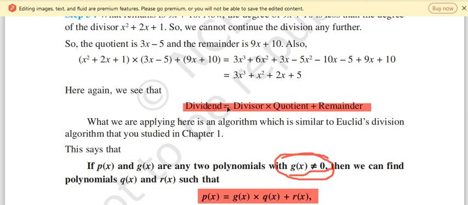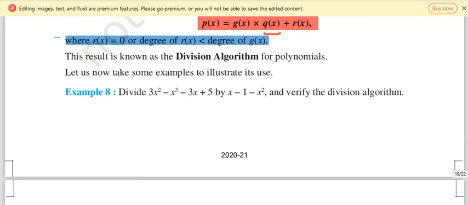So by this theorem, we can say p(x) equals g(x) into q(x) plus r(x), where q(x) is the quotient and r(x) is the remainder. Here p(x) is the dividend, g(x) is the divisor, q(x) is the quotient, r(x) is the remainder, where r(x) must be equal to 0 or degree of r(x) less than degree of g(x), not less than or equal to, it must be less than.